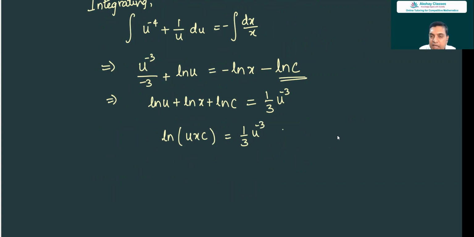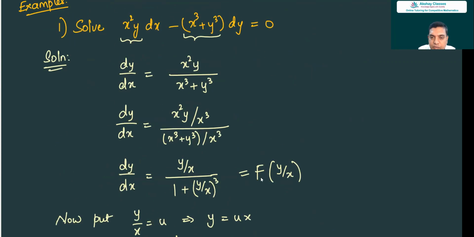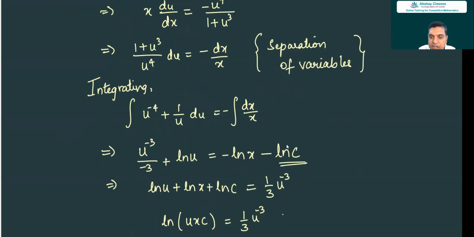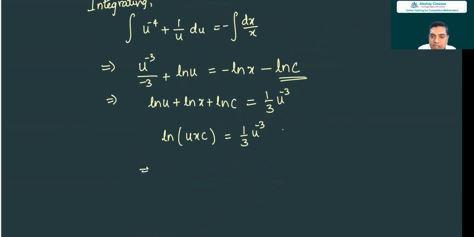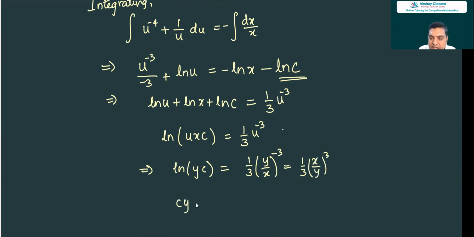Now substitute back u as y upon x, or y is equal to ux. So we get log of yc is equal to 1 by 3 y upon x whole to the power minus 3. So this right hand side is 1 by 3 x by y whole cube. So c times y is e power 1 by 3 x by y whole cube. This is the solution.